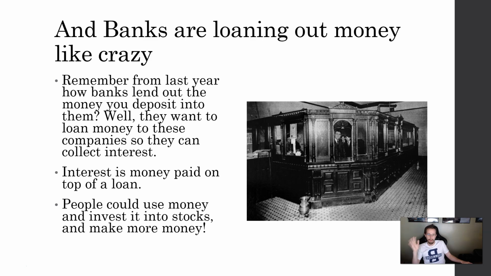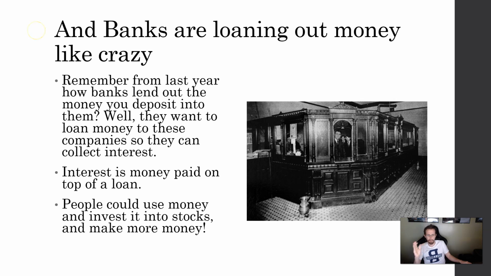And banks are loaning out money like crazy because that's one thing for economics is that banks loan out money and then companies use that money and then they ultimately make a better company, make a better iPhone, whatever it may be. And also just FYI, if you don't remember it from civics last year, that's what a bank does. When you deposit your money into a bank, they don't just keep it in the vault and do nothing with it.